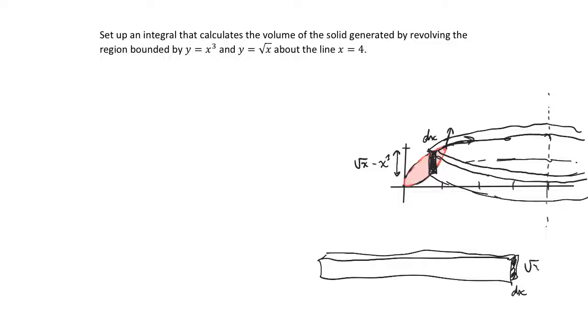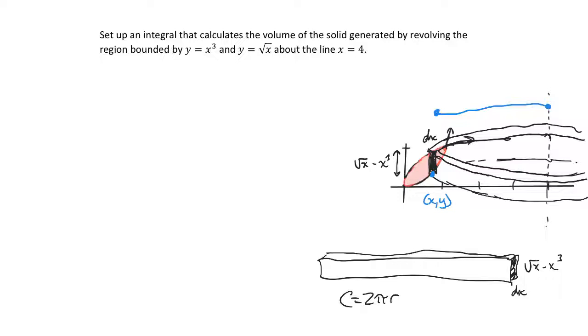So this is radical x minus x cubed. Finding the radius is the challenging part. The circumference is 2 pi times the radius. Again, remember this. The radius is the distance from the axis of revolution out to the rectangle that we're dealing with. You want to think about the rectangle as having x and y coordinates there.